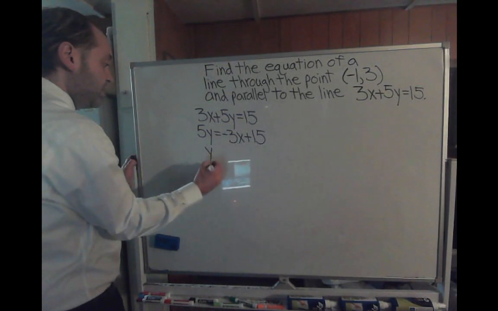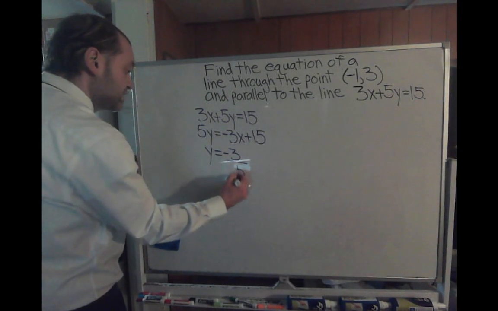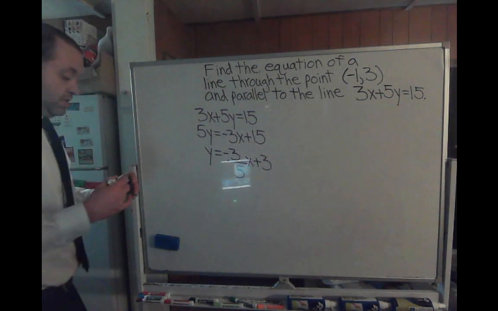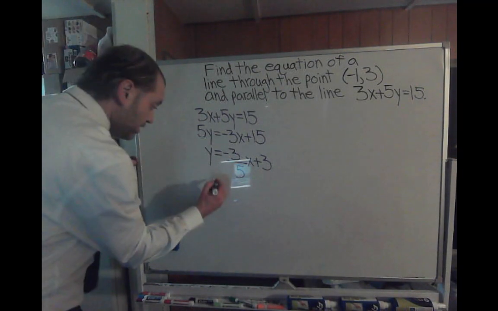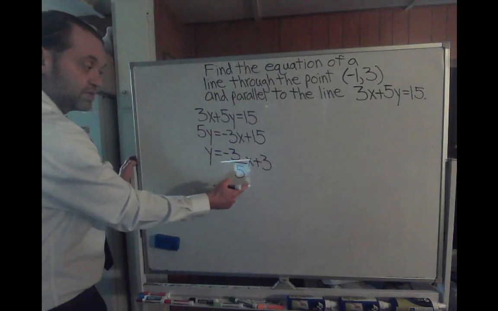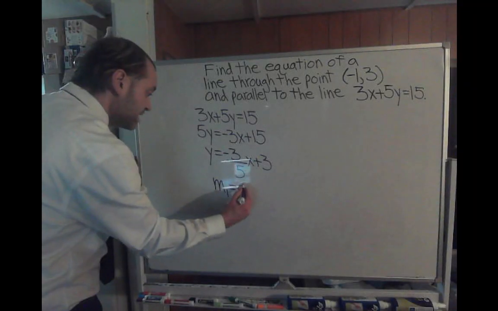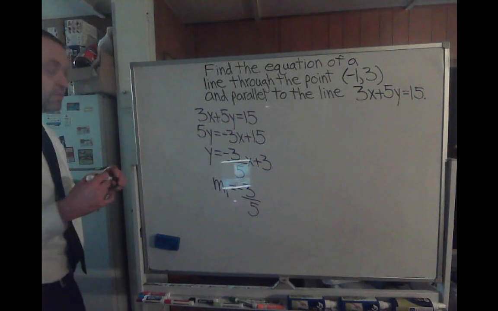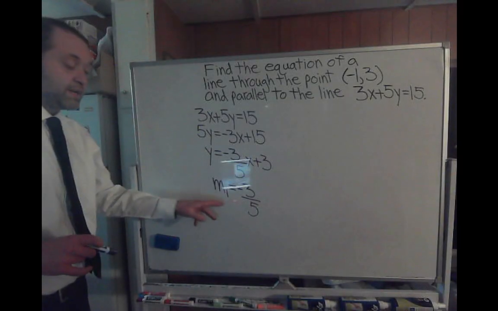That would give you y equals negative 3/5 x plus 3. So now we have the slope of this line. We got this into slope-intercept form. The slope of this first line would in fact be negative 3/5, right? So we found the slope of this line to be negative 3/5.